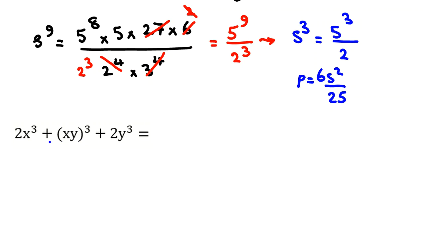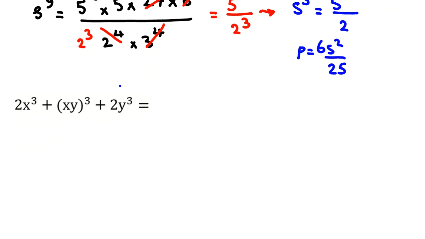If we want to find this part, we want to see how we can write it in terms of s and p. So I say what? This part, I know it is 2 times x cubed plus y cubed, the first term, last term, plus xy cubed. Xy is the product, p cubed.